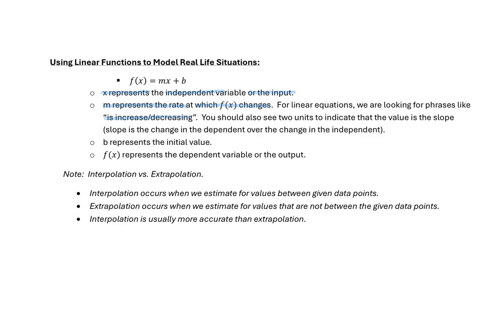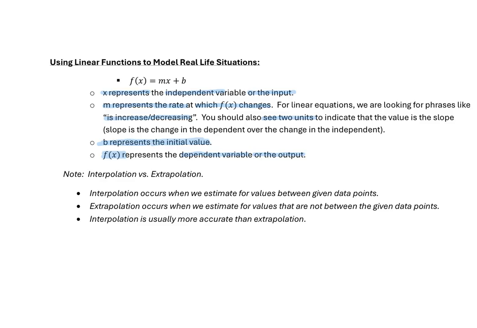You should also see 2 units to indicate that the value of the slope is a change in the dependent variable over the change in the independent variable. When looking at real life situations, we like to use b to represent the initial value. And our function represents the dependent variable or the output.